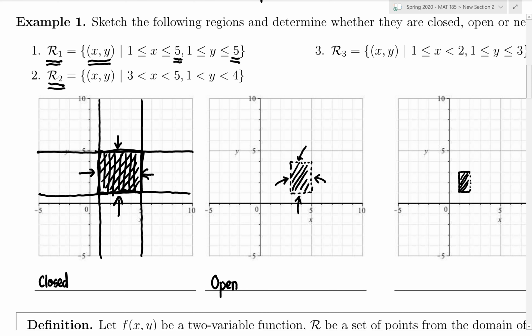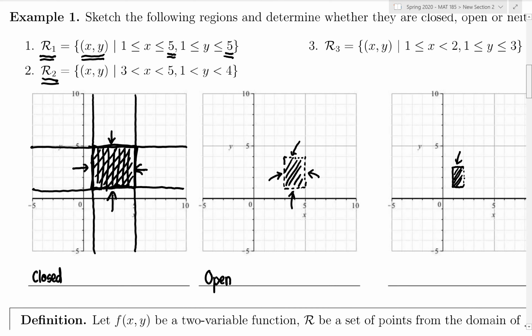If we think about it for a second, this boundary point is included. So can it be open? Remember, for it to be open, it cannot include any of its boundary points. As soon as it includes one of its boundary points, it can no longer be open.